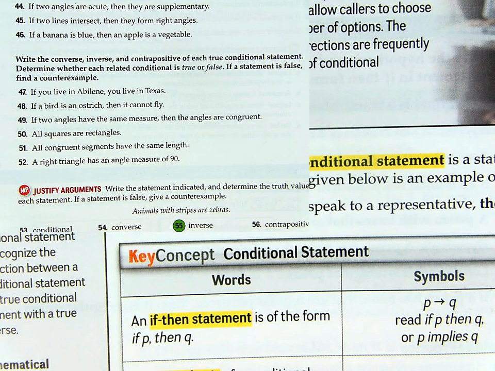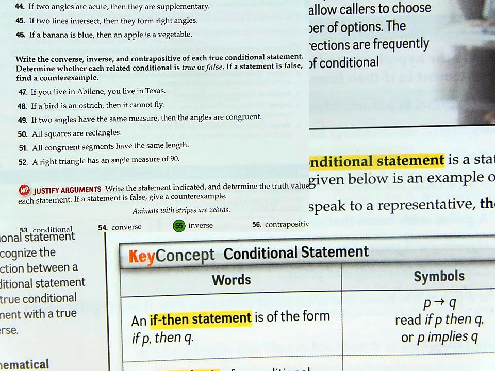So, if it is not a rectangle, then it is not a square. The original statement was true, so the contrapositive is true.